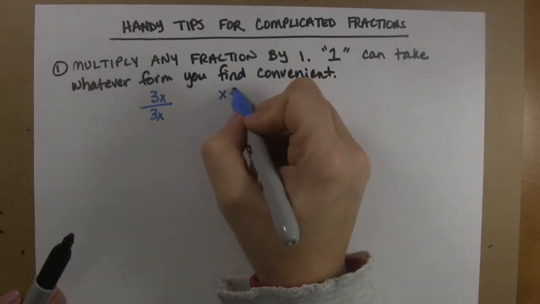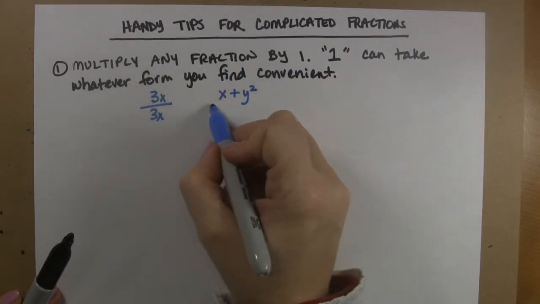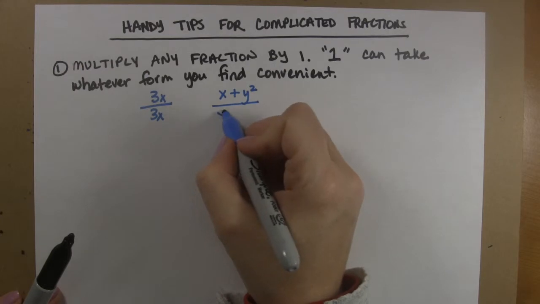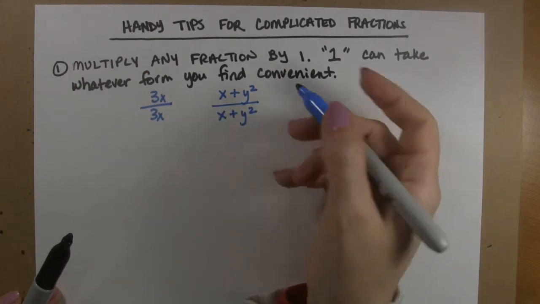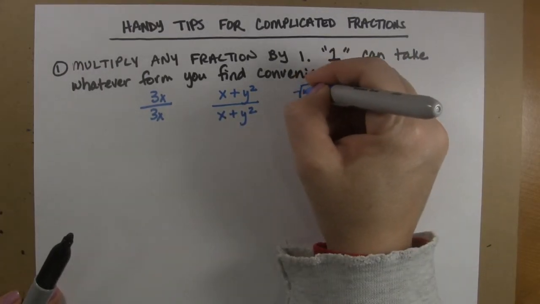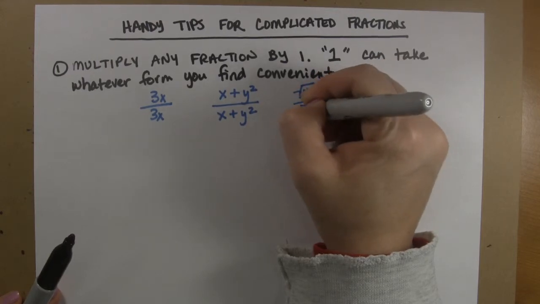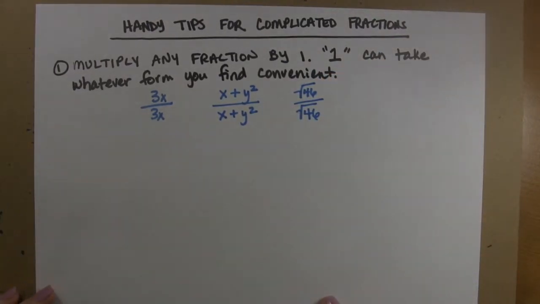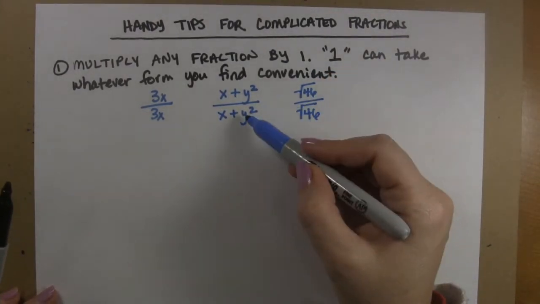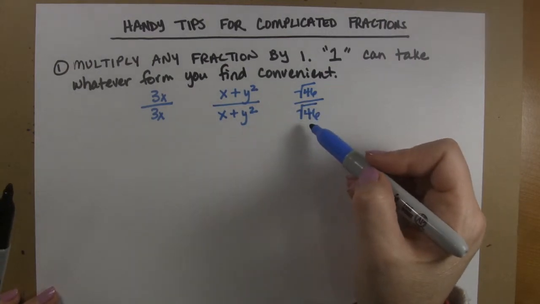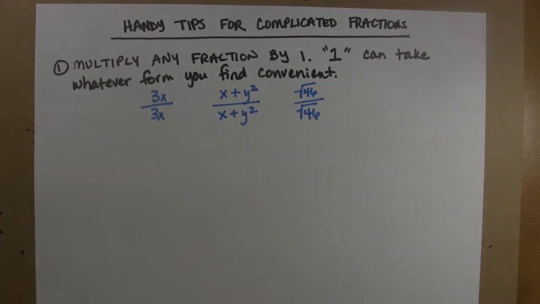You can even multiply your fraction by (x plus y) squared over (x plus y) squared if you want. You can multiply your fraction by the square root of 46 over the square root of 46. As long as the top and bottom are the same, you can multiply it by whatever you want, and that really helps when it comes to simplifying fractions.